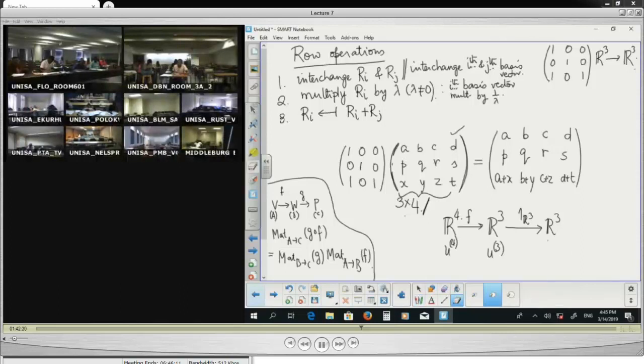So it is telling me that here the coordinates of E2 with respect to that basis ABC is E2, so B is E2. Okay? C is E3.